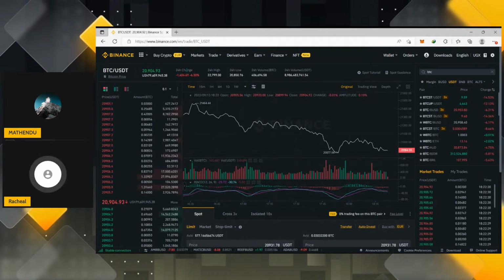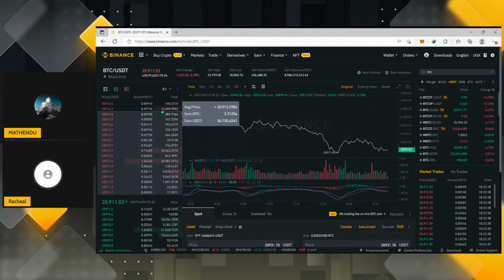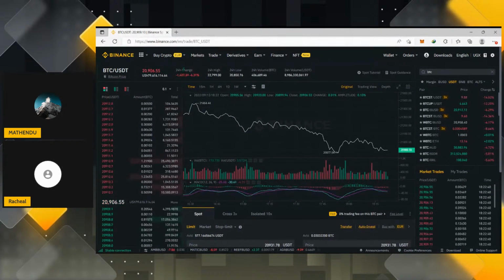Right now it's 6:22, so that means from yesterday at the same time to now, the 24-hour price difference is that Bitcoin has lost 1,400. That's what the 24-hour change and this percentage mean.